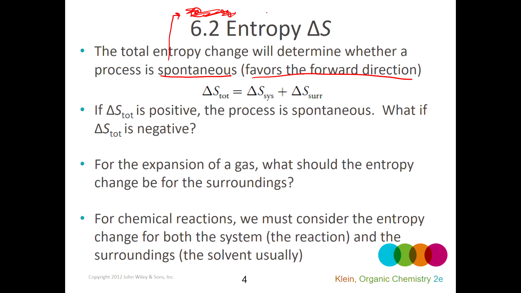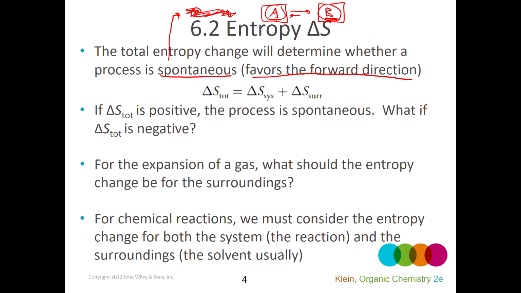Spontaneous at the moment means that whatever the reactants are, they're being converted into products at a rate that's faster than the reverse reaction. So whether something's spontaneous depends on the current concentrations, on the stability of the product versus the reactant, and on how much entropy there is on the product side versus the reactant side.